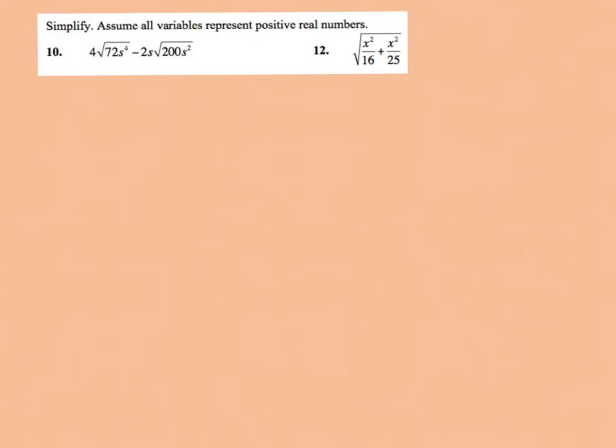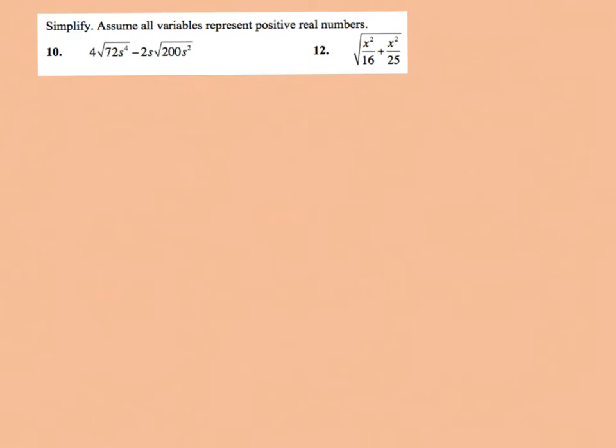In our last two examples, we will be looking at the sum and difference of radicals with variables in their radicand. Simplify, assume all variables represent positive real numbers. In this case, you don't have to place the absolute value signs in the event that the variables could be negative numbers. So number 10, 4 times root 72 times s to the 4th minus 2s times square root 200 times s squared.